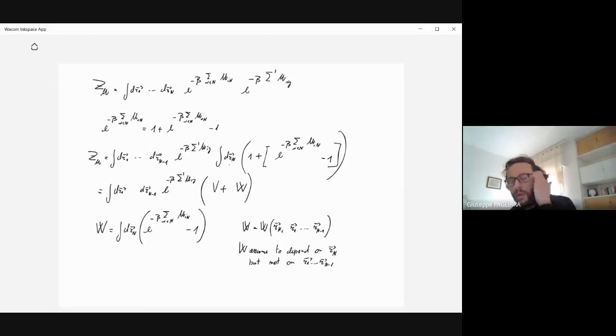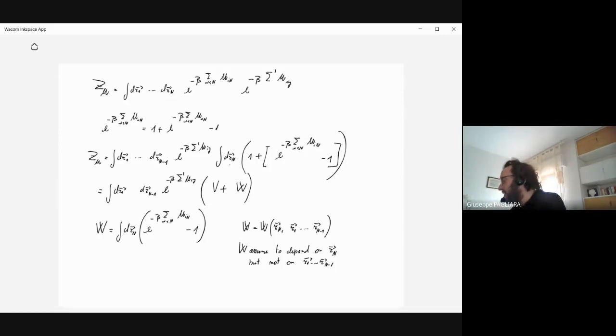So we will assume, and we will provide an explanation for that, that this function W is actually a function of just Rn, and does not depend on the other coordinates, or it has a mild dependence on the other coordinates.